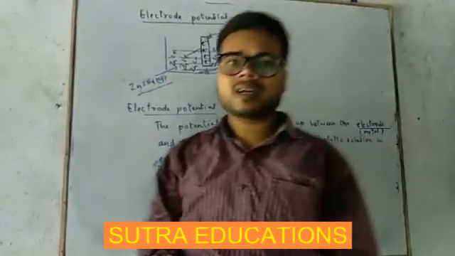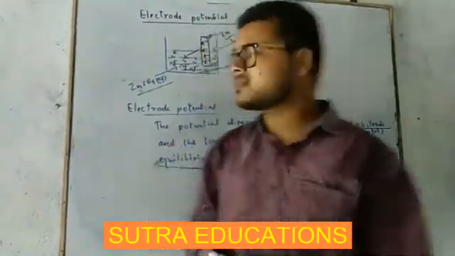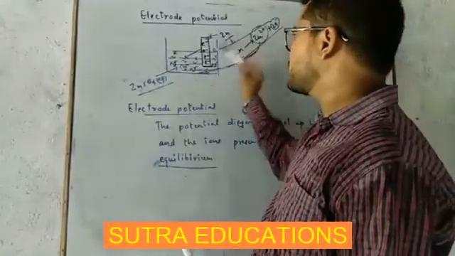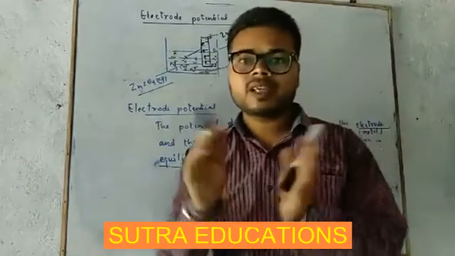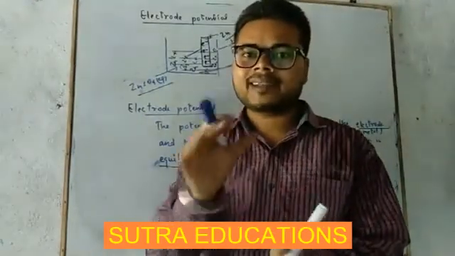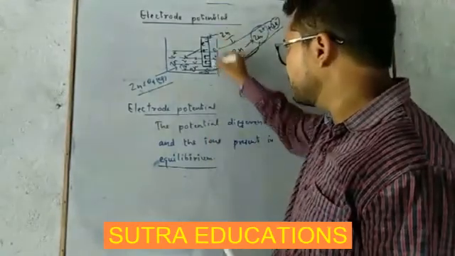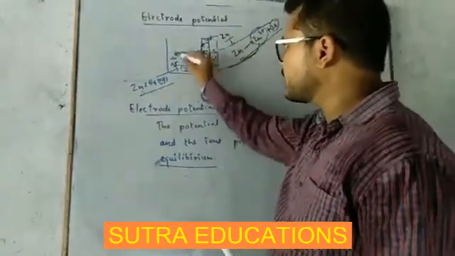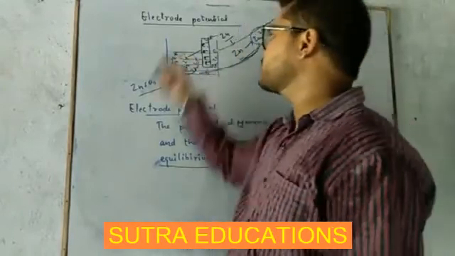So there will come a time when no more electrons will be accumulated here and no more Zn2+ will flow here. That will be equilibrium. And at that time the potential difference between this metal or electrode and the ions present in the electrolytic solution is called the electrode potential.